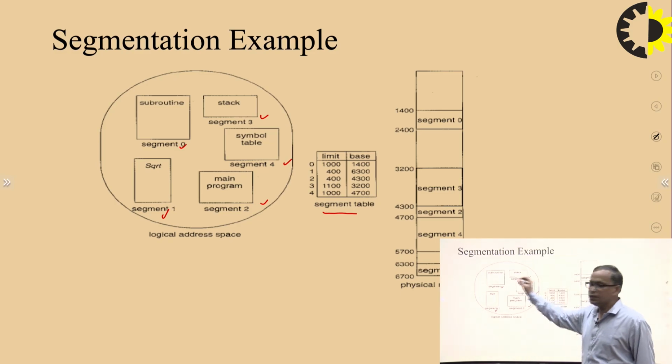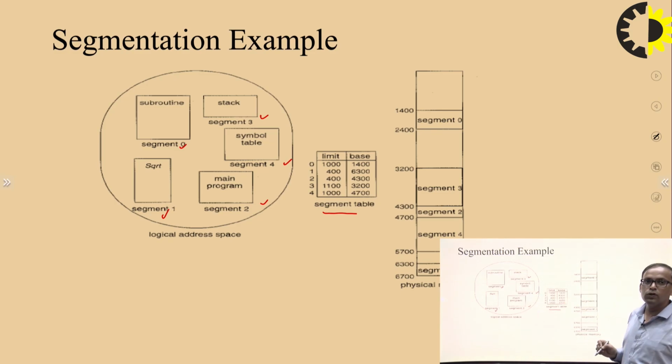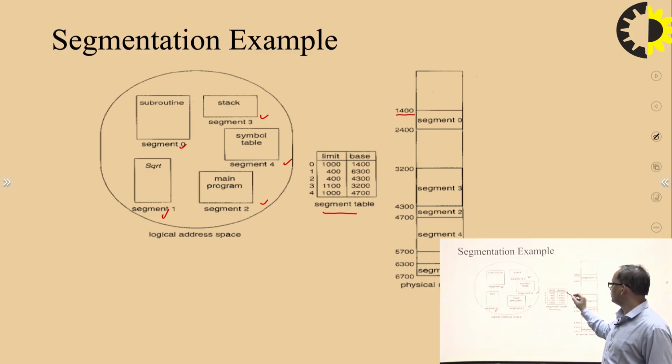Each segment is stored in a non-contiguous fashion. The size of segment 0 is 1400, the size of segment 1 is 6300, and the size of segment 2 is 4300.